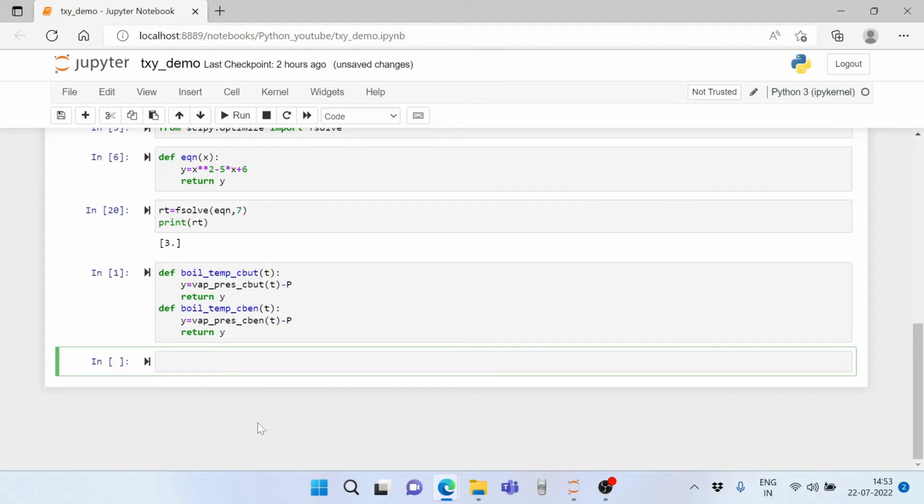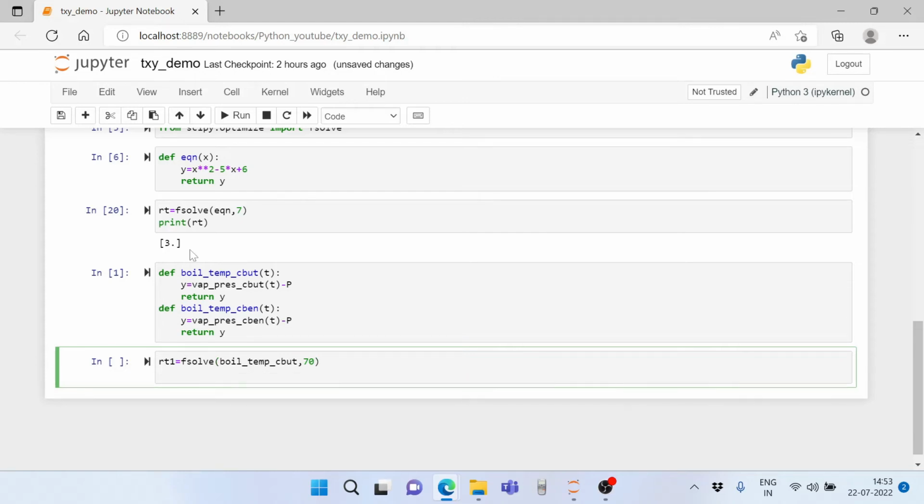Okay, so let's take RT1. That is, RT1 is nothing but the temperature of chlorobutane at 90 kilopascals. So fsolve of the boil temperature function for chlorobutane, comma, let's give some arbitrary start value and copy this out.